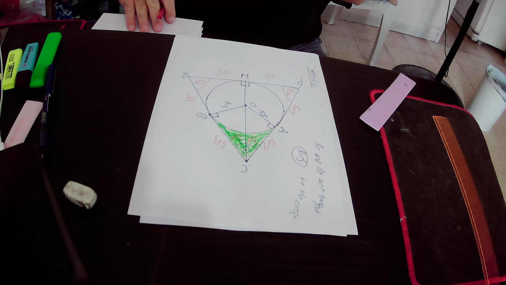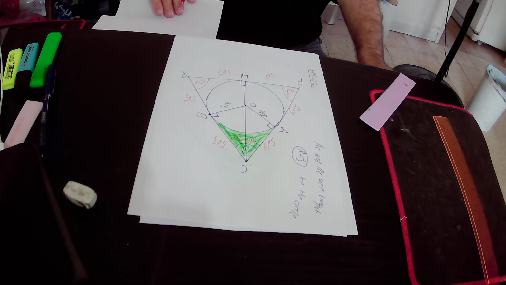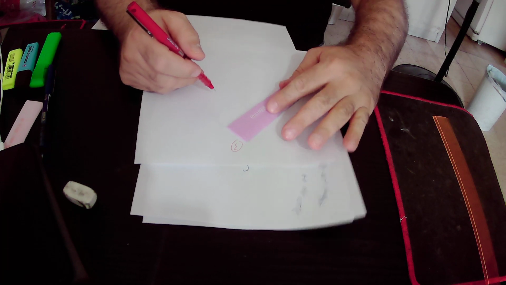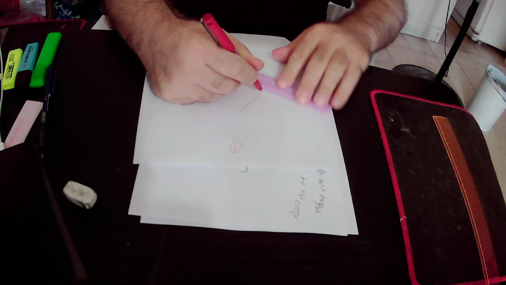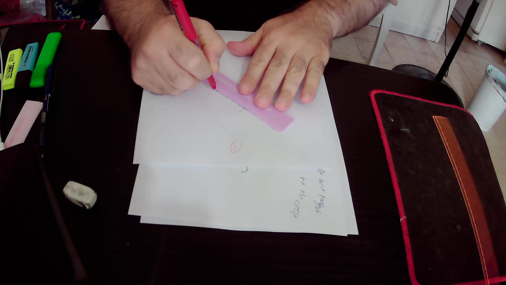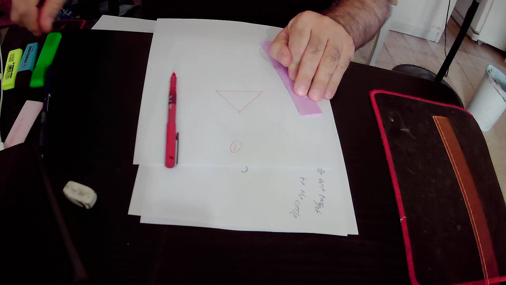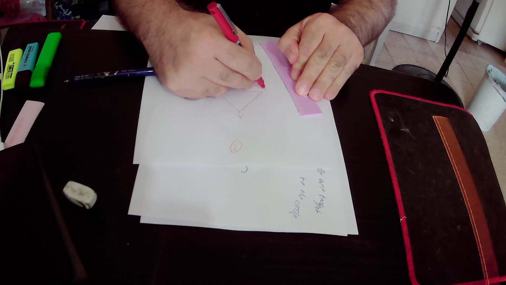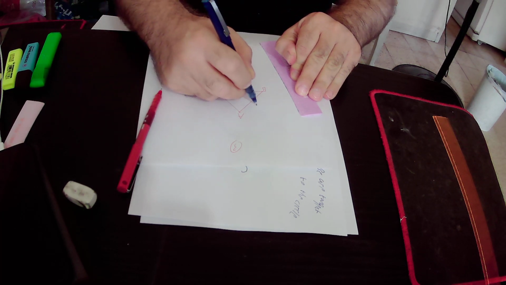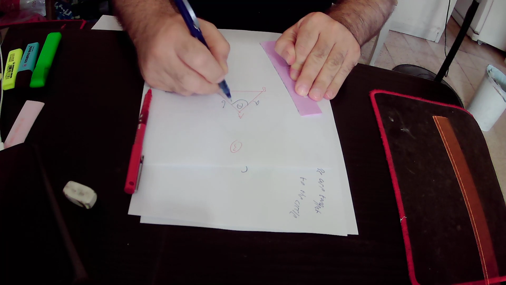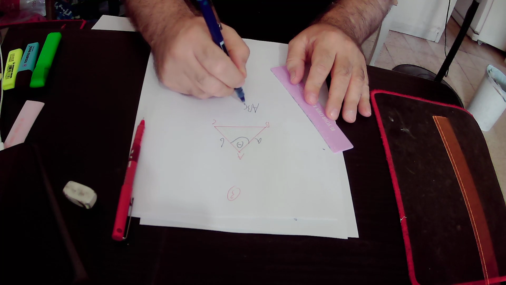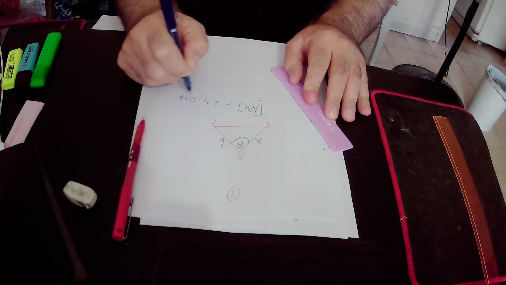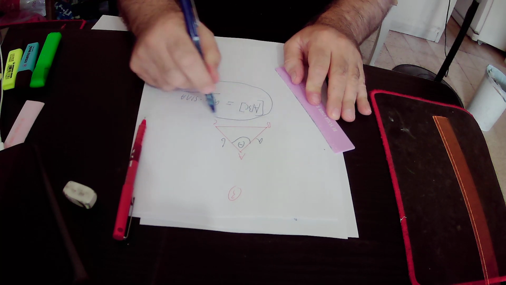We know that in any triangle, if this is triangle ABC, the size of AB is A units, the size of AC is B units, and this angle is theta, then the area of triangle ABC equals A times B times sine theta over 2. Okay?